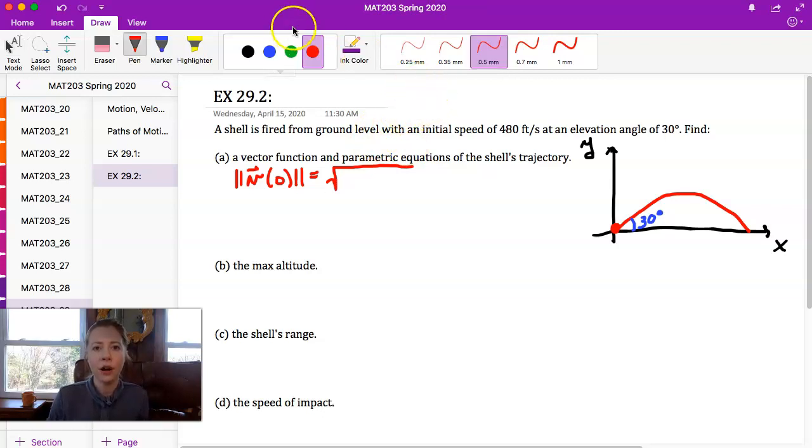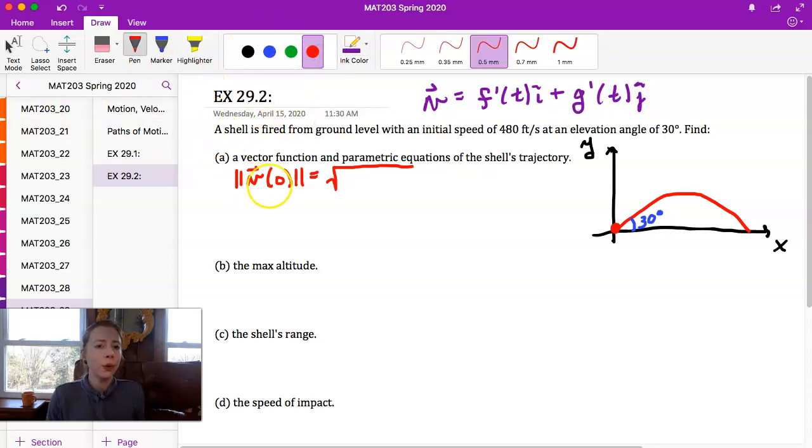And remember our equation for velocity, that velocity is equal to the first derivative of position, which is going to be some f prime of t i hat plus another function of t, g prime of t, j hat. That's what we're working with here.